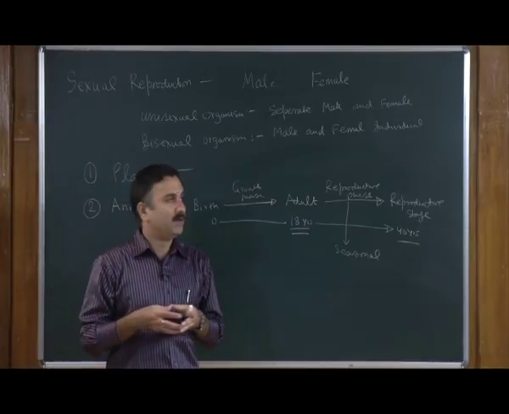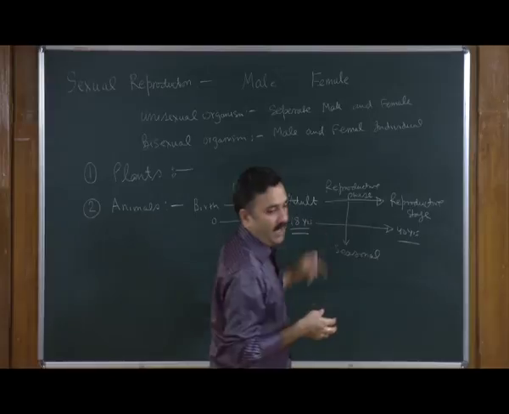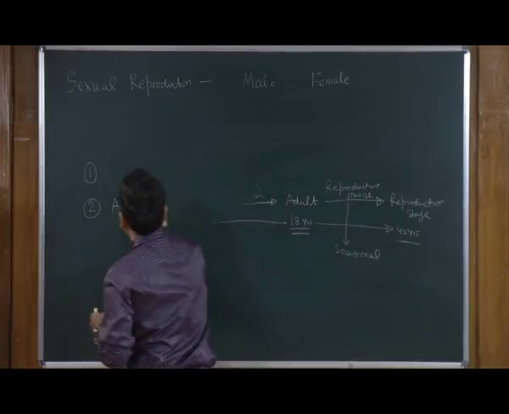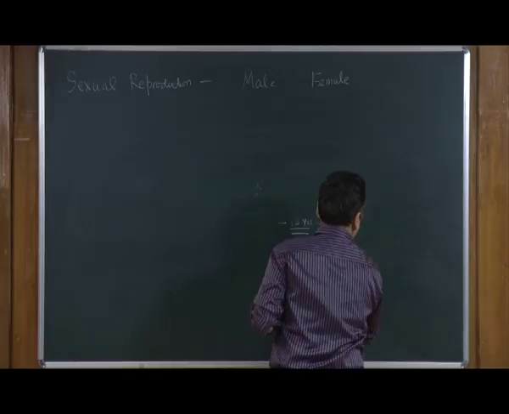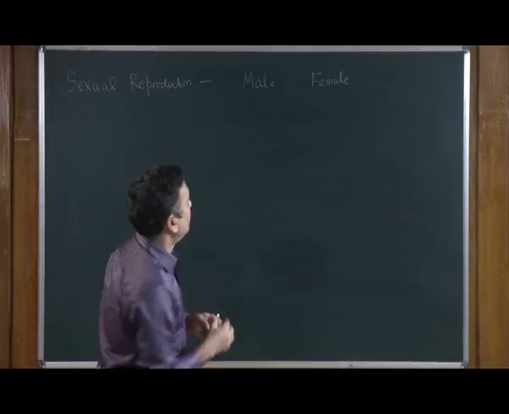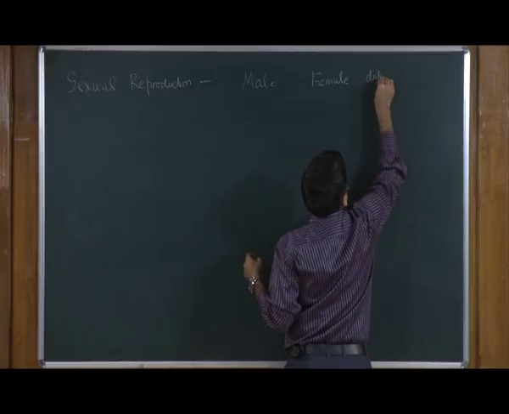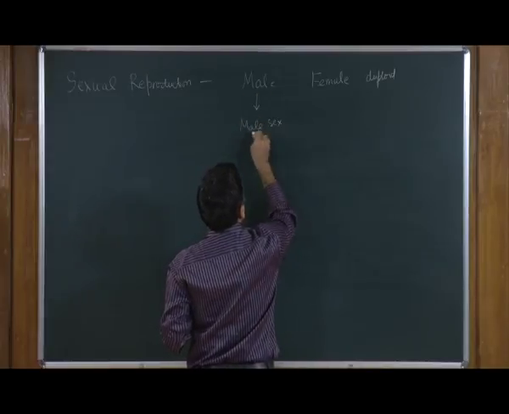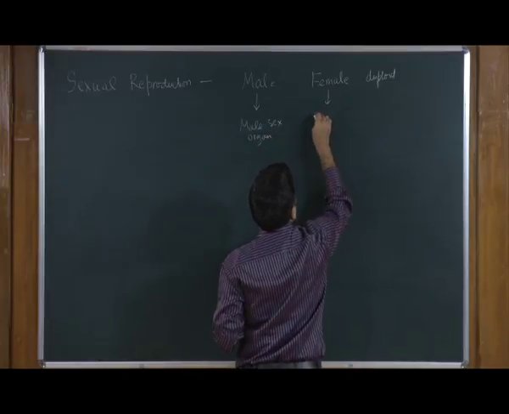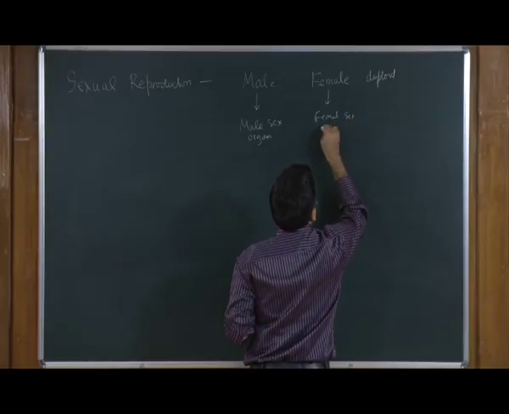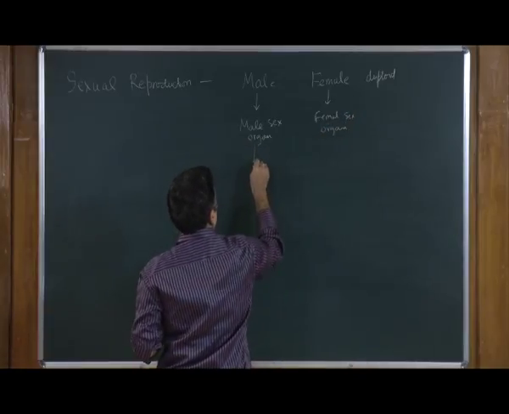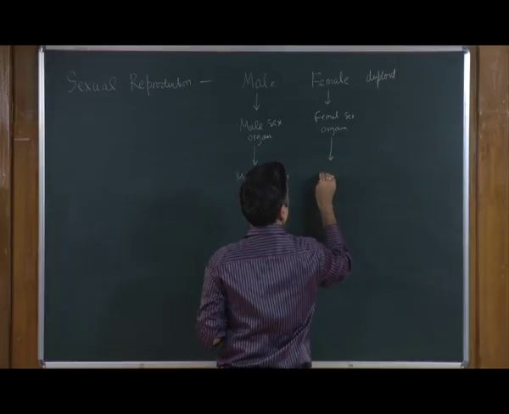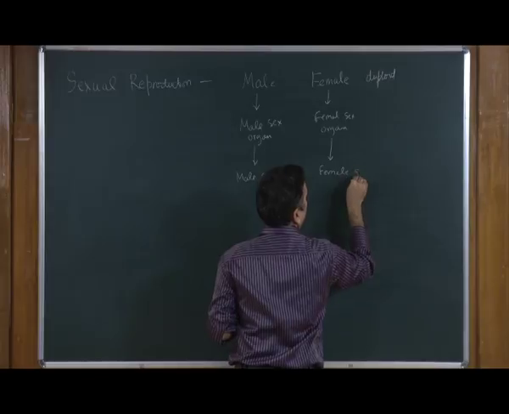For example, sexual reproduction starts with a male and a female, and both are mostly diploid. Both have sex organs, the male sex organ and the female sex organ, and the male sex organ produces the male gametes, while the female produces the female gametes.